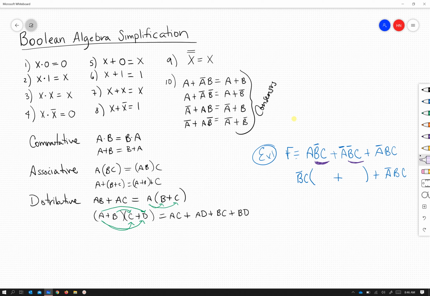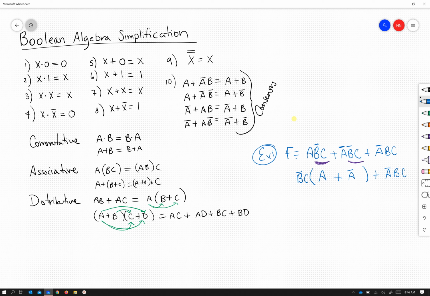From the first term, if I take not B, C out, what do I have to AND this with to get the original? What's left over? The answer for the first one is A, right? And from the second term, if I take not B, C out, what is left is the not A.